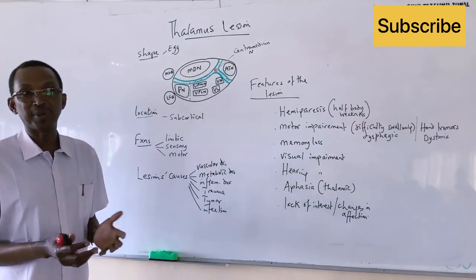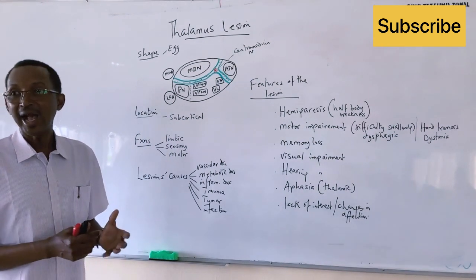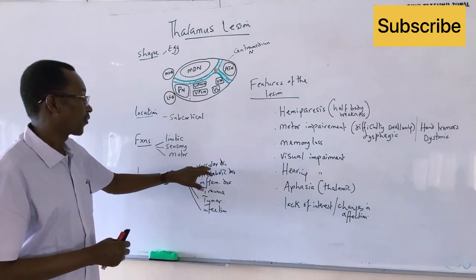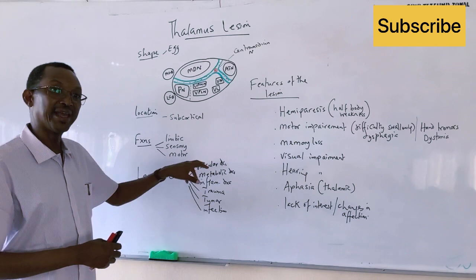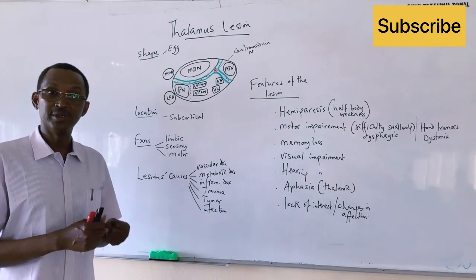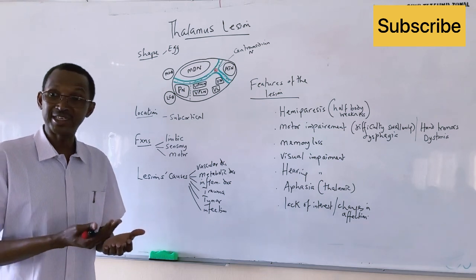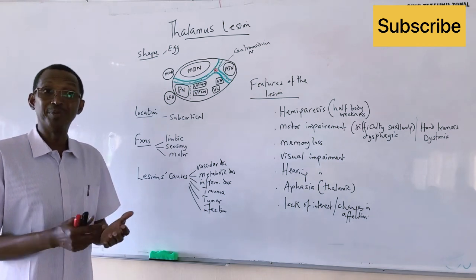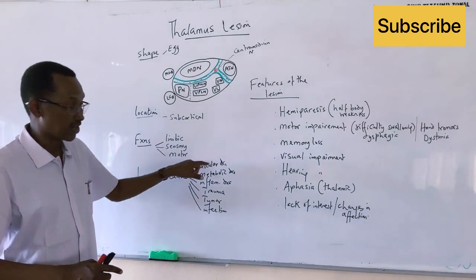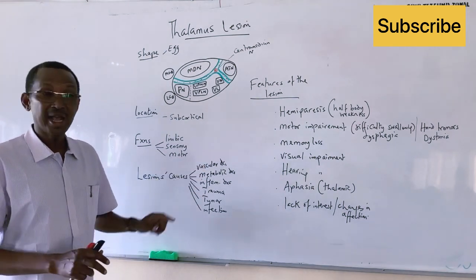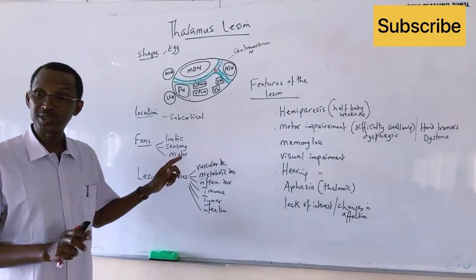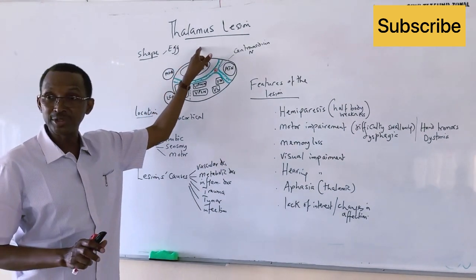The thalamus is also supplied by arteries. So if one of the vessels supplying the thalamus is blocked or injured so that it gets ruptured as a result of maybe hypertension or diabetes mellitus, these vessels can get damaged, and so the arterial supply to the thalamus is going to be affected. That can cause a thalamic lesion.